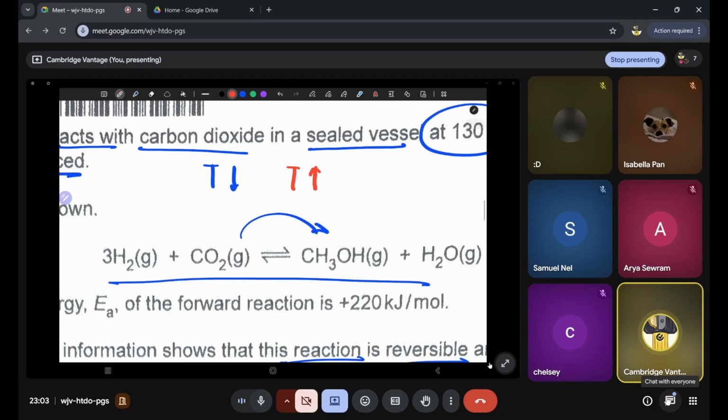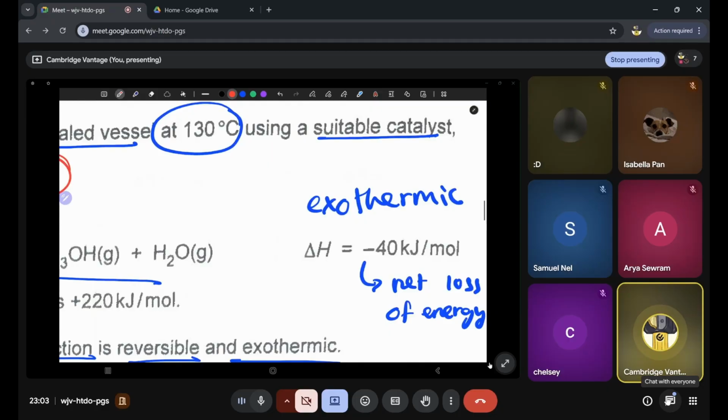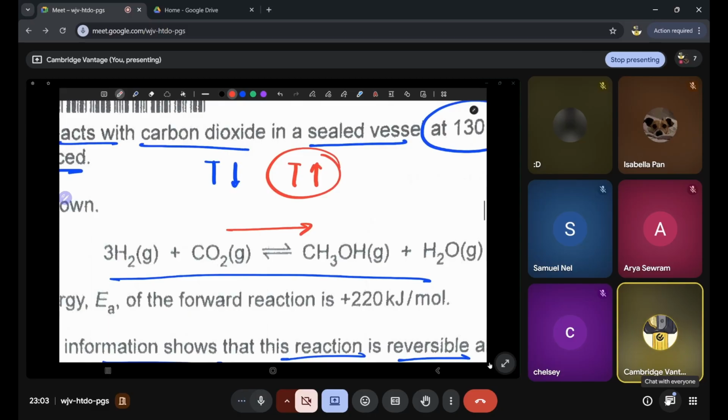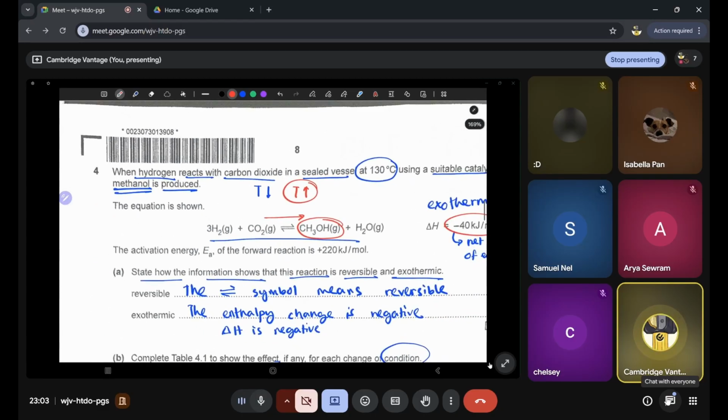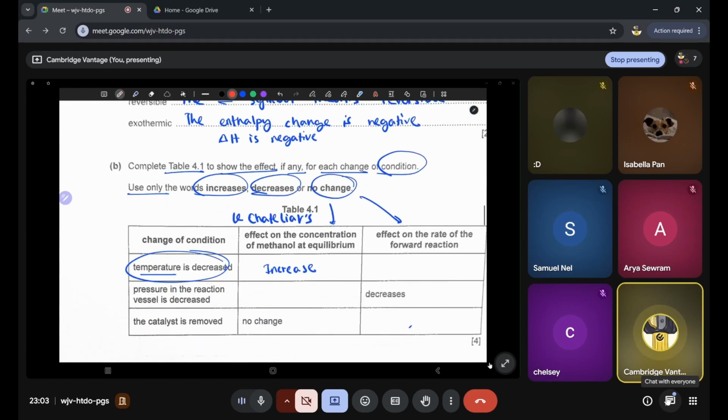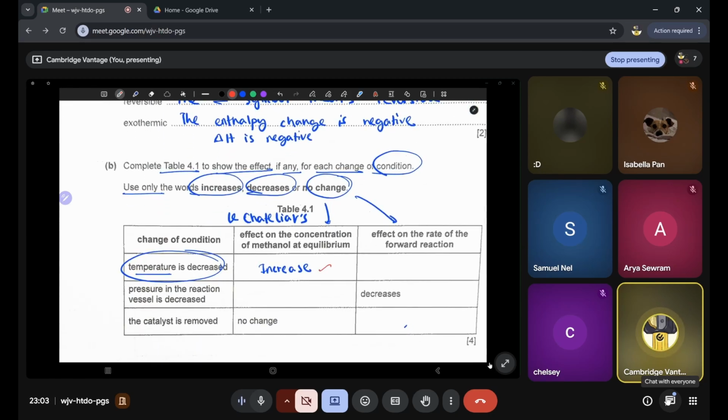It will try to increase the temperature. Now, how will it increase the temperature? By releasing more energy. So, we said that the forward reaction is exothermic. That means it released energy. So, to increase temperature, it will shift to the right side. And we see that the right side has methanol as the product. So when it shifts to the right side, the concentration of methanol is going to increase. So that's increase over here.